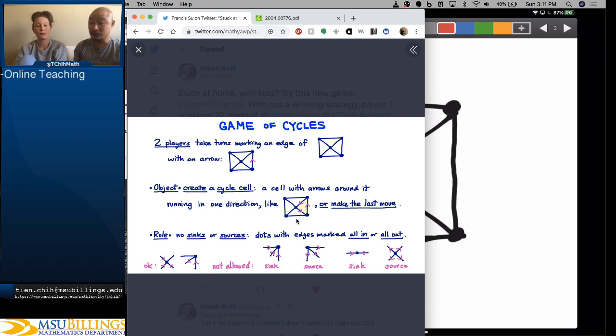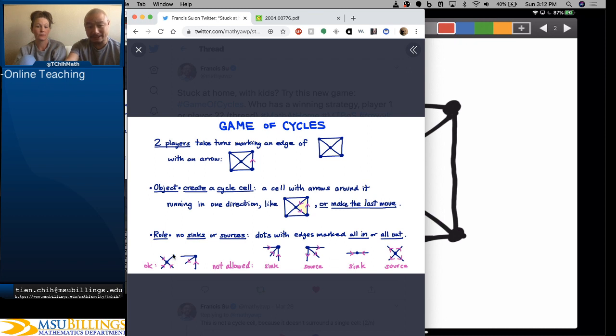What constitutes a legal move? You can put an arrow on any edge that doesn't have an arrow, except you're not allowed to create sinks or sources. A sink is a vertex where every single arrow goes into it, and a source is a vertex where every single arrow comes out of it. We can see two examples of sinks and two sources.